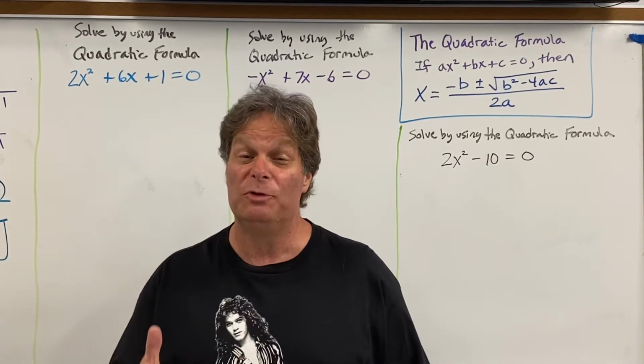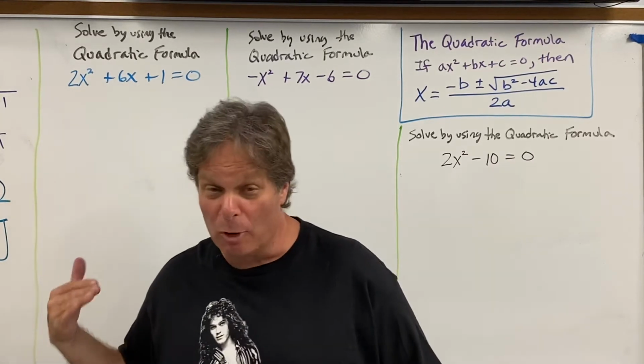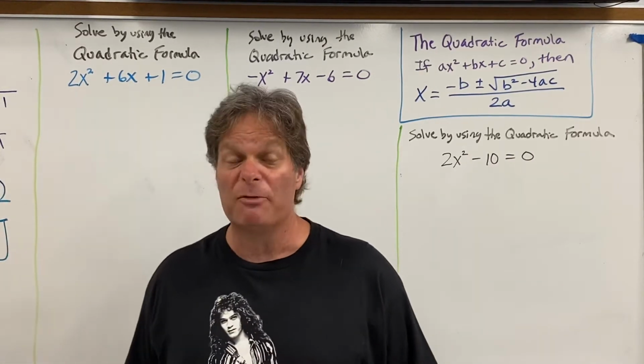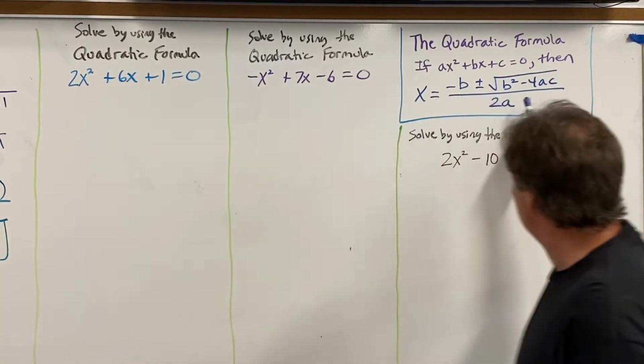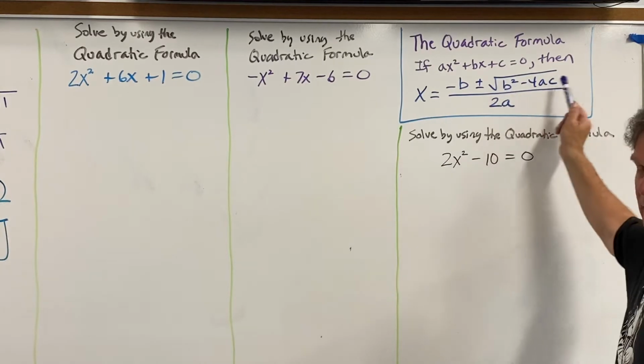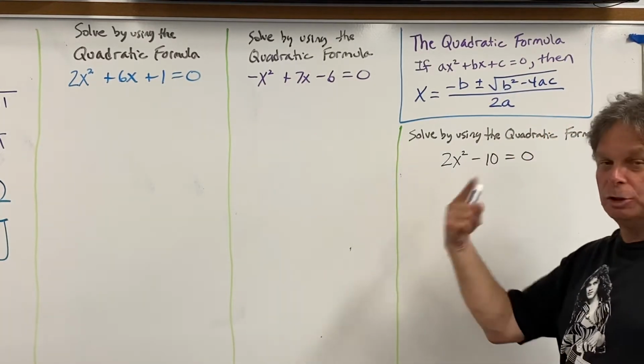But the good news is, if you take Algebra 2, you're going to learn about it. So it should be motivation for you to get to Algebra 2. But for right now, if you get a negative underneath the square root, so if this whole quantity turns out to be negative, I'm just going to have you say for right now, no solution.